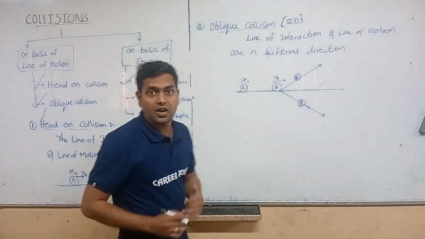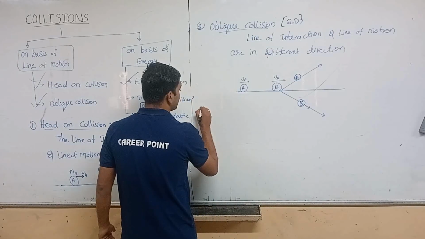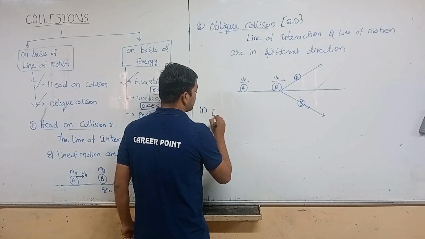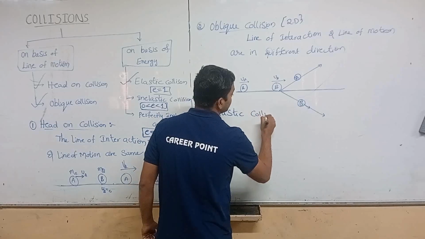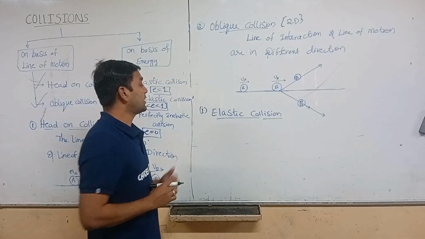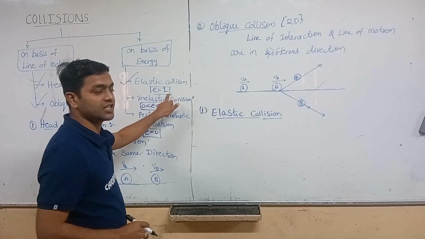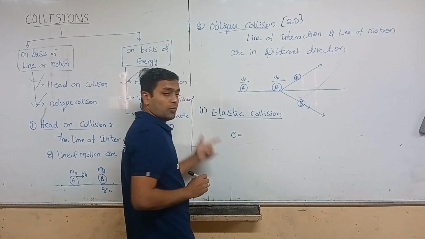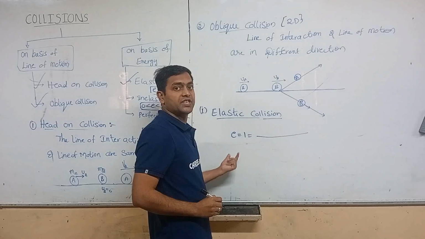Elastic collision, we are going to discuss now, on the basis of energy. In an elastic collision, the coefficient of restitution is equal to 1, so the e value is 1. What is the formula of the coefficient of restitution?